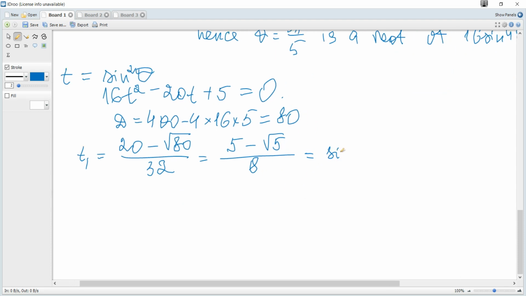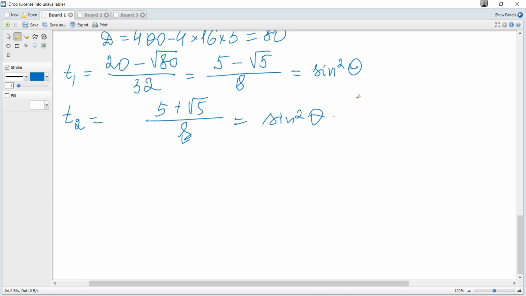It's sine squared of theta, the first possible root, and the second will be the same but plus root of the discriminant, so it becomes like this.